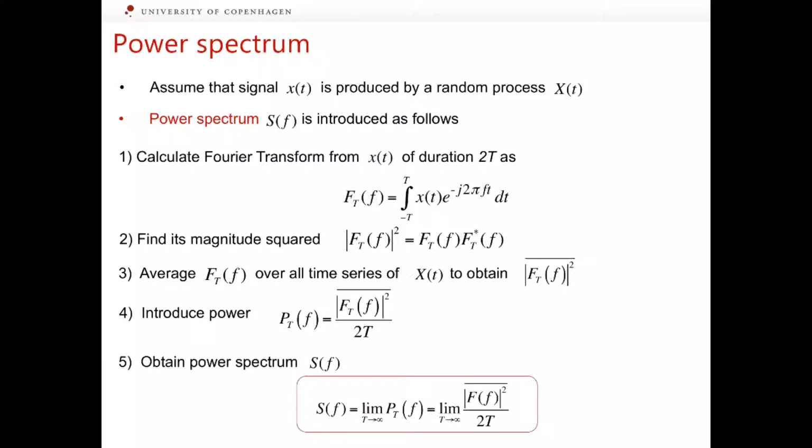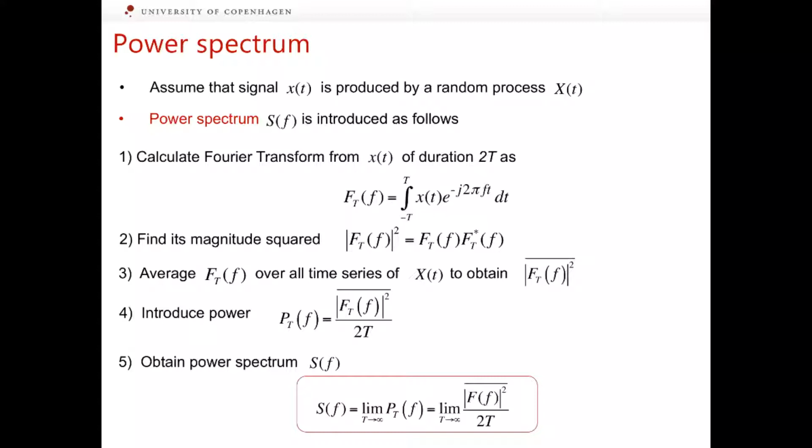Fifthly, to obtain a characteristic which describes the total power of the process at the given frequency, we take the power obtained in item 4 and find its limit as the observation time t goes to infinity. Note that when the observation time grows, the energy grows too.